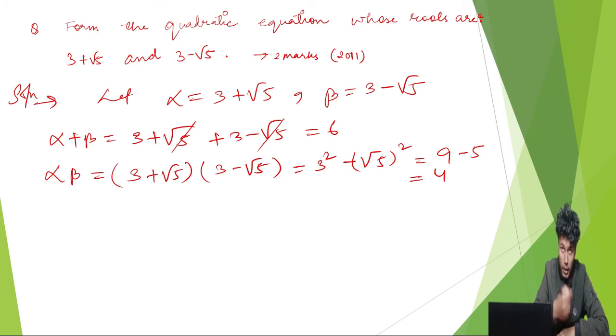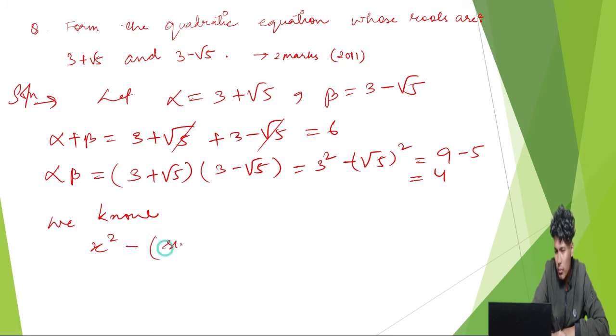6 and 4. Now we know x square minus the sum of roots. Let us write alpha plus beta directly: x square minus (alpha plus beta) x plus alpha into beta is equal to 0.